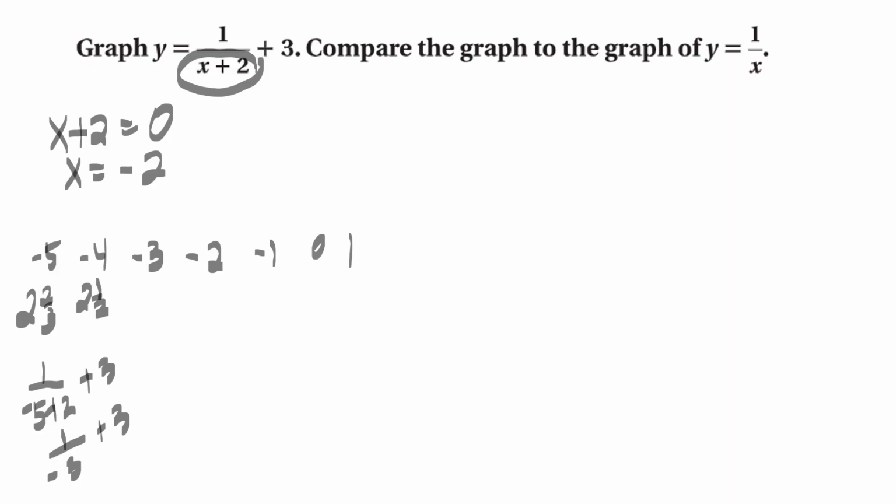For the next one, this is undefined. And then here at -1, I would have 4, and 3.5. And I would have 3 1/3.